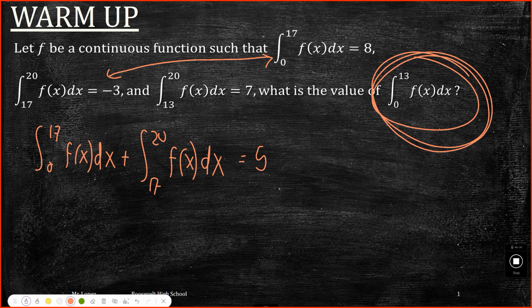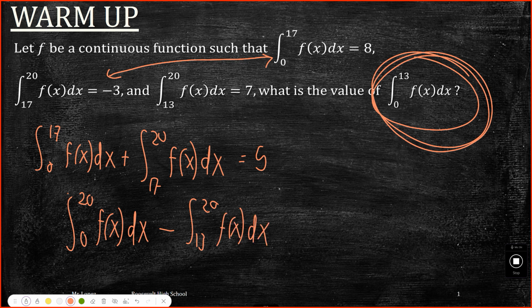So now then this is from 0 to 17. We could just say from 0 to 20, no? From 0 to 20 of f of x dx is 5, and then minus, because we already know what that is, minus from 13 through 20 of f of x dx.